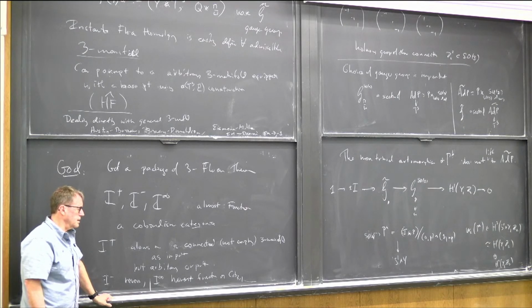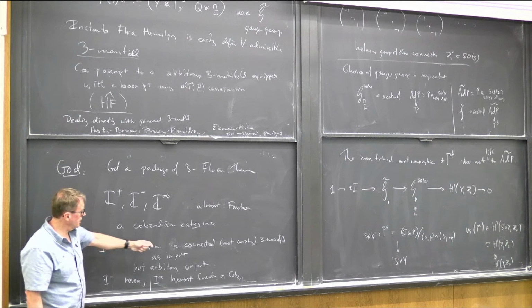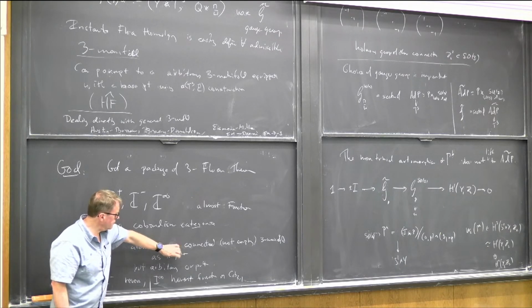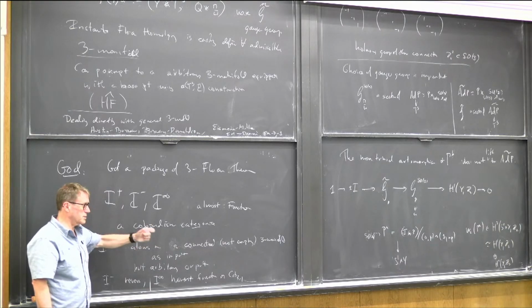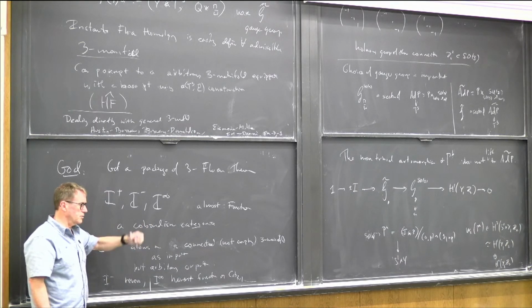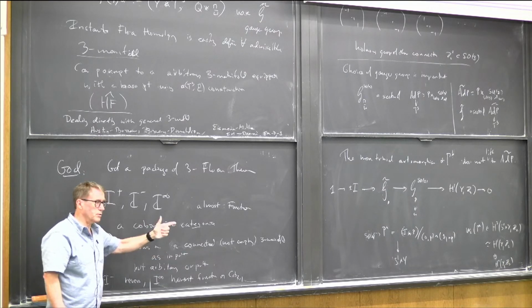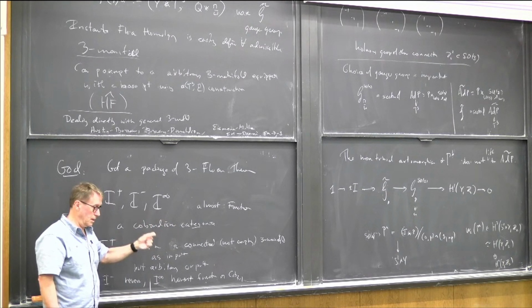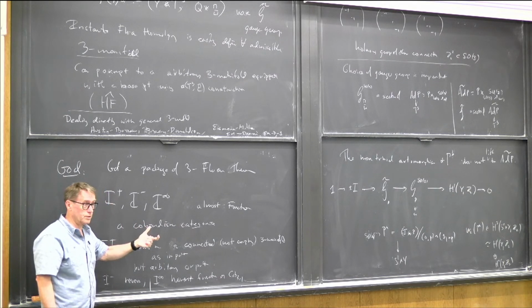So I think what Austin and Brahm are able to prove is that it's not actually an invariant of even a 3-manifold. It's an invariant of a 3-manifold together with, say a rational homology sphere, together with a perturbation that makes sure that the critical points are non-degenerate, but they could have stabilizer.